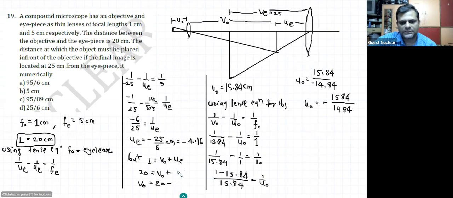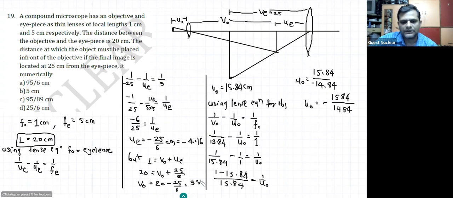So we can just put it as 25/6 as it is here, and because of that it will be 20 minus 25/6 here, which will actually be, yes, 120 minus 25, which happens to be actually 95/6, right? Very good. So this is 95/6.